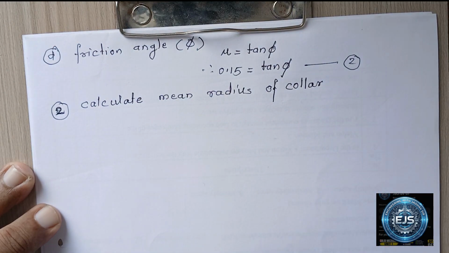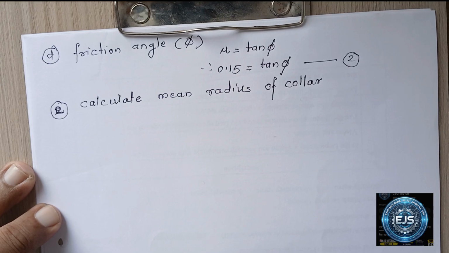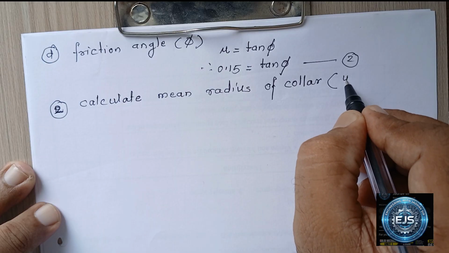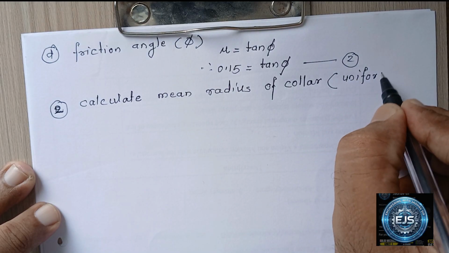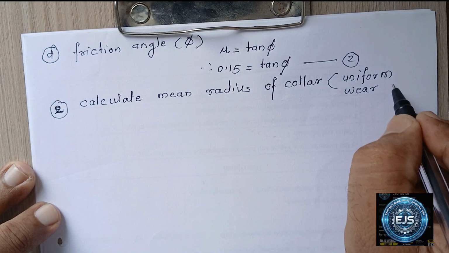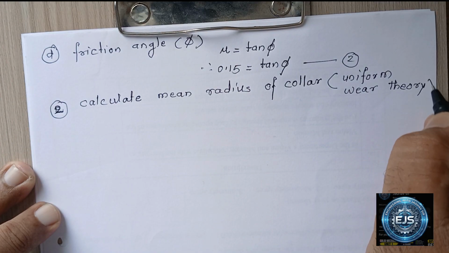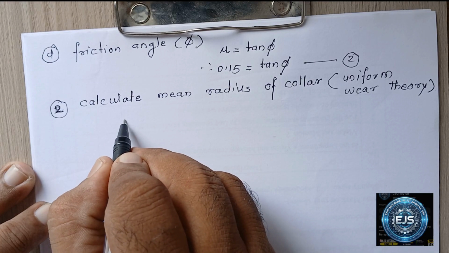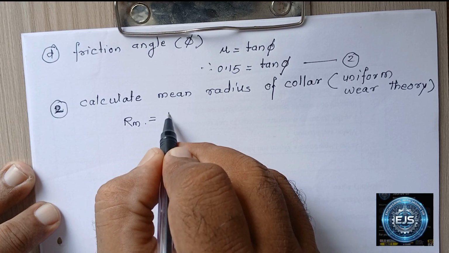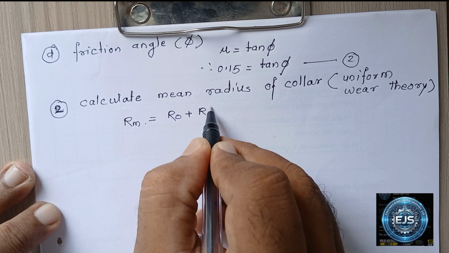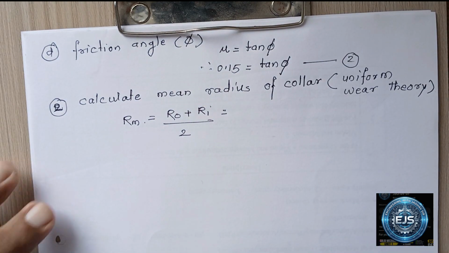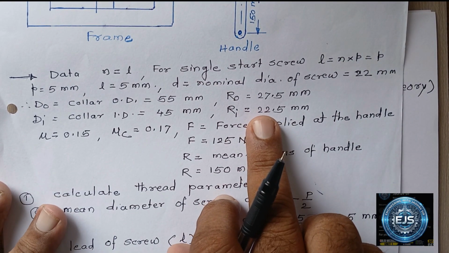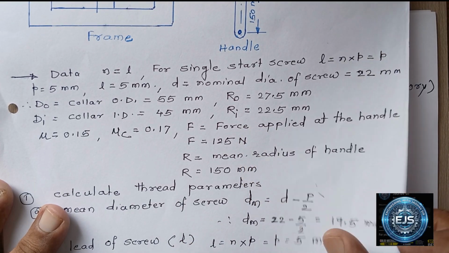Collar is of inner diameter di and outer diameter do. So it is of inner radius ri and outer radius ro. So as per uniform wear theory, the mean radius of the collar is taken as Rm is equal to ro plus ri divided by 2. RO we have calculated in the initial step, and RO is 27.5 mm and RI is 22.5 mm.